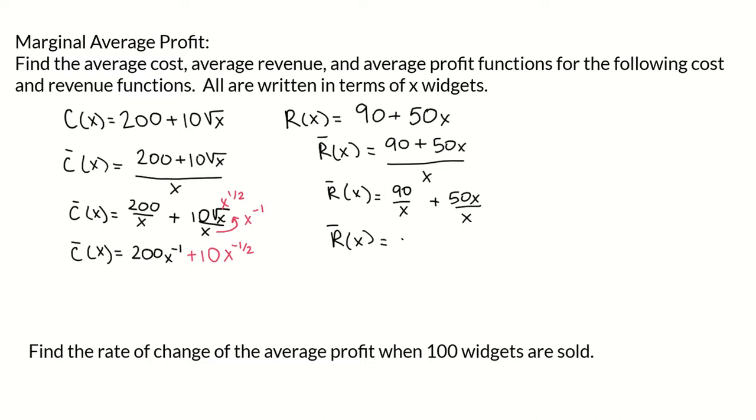So 90 over X, we can write as 90X to the negative 1. And then 50X over X, those X's cancel out and we're just left with 50. So that is our average revenue function.